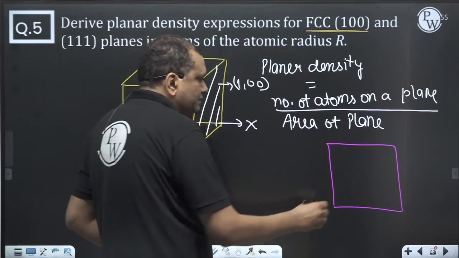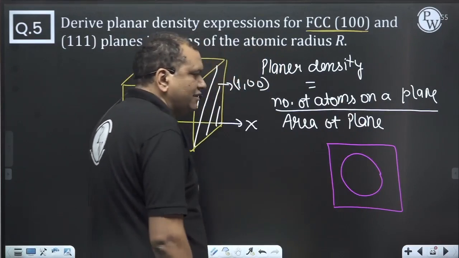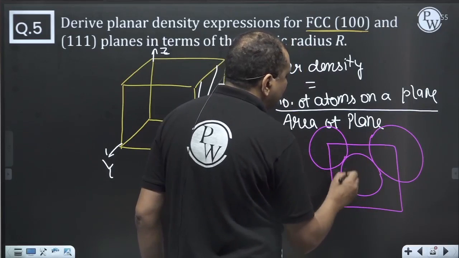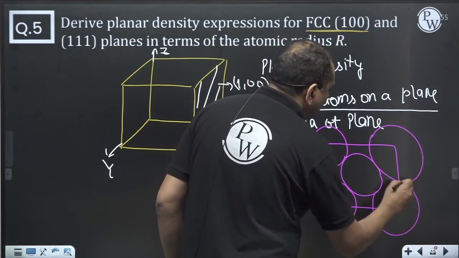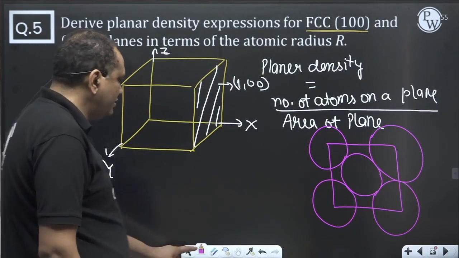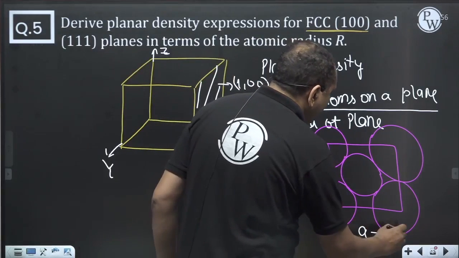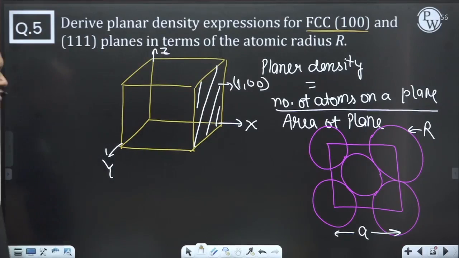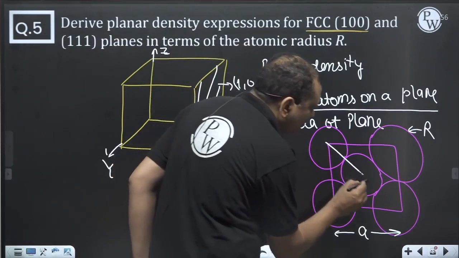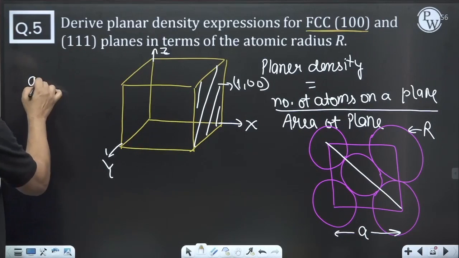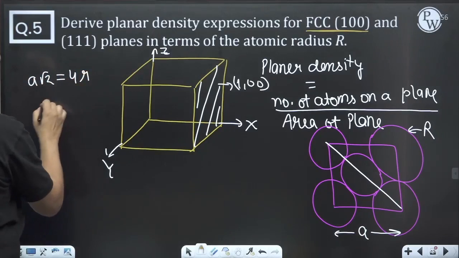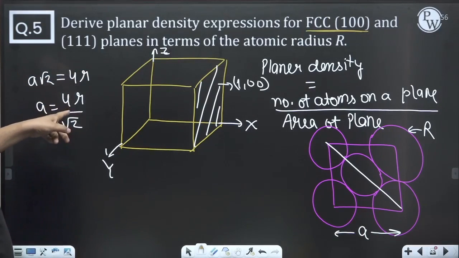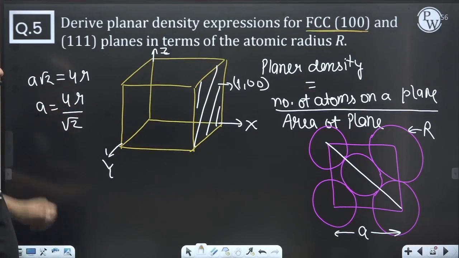If you see the hatched portion, one atom is at the center, and there will be corner atoms like this. Let a be the size of the unit cell and r the radius of the atom. So this diagonal, can I say a root 2 is equal to 4r? So a is equal to 4r by root 2. This is the relationship between the radius of the atom and the size of the unit cell.